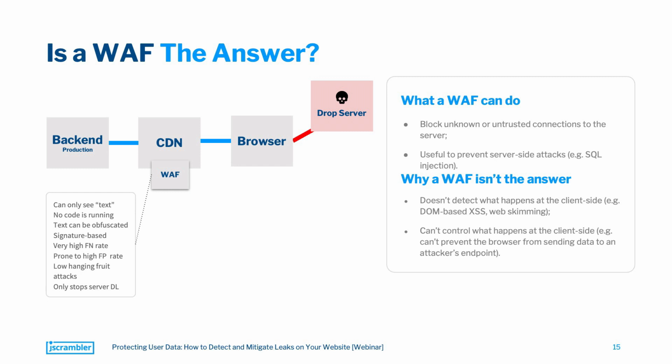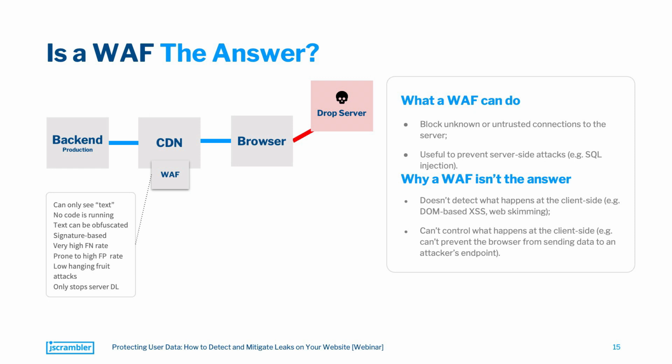But before we get into those building blocks, I want to address some of the most common misconceptions about preventing client-side data leakage, which is that web application firewalls are able to prevent data leakage by blocking the connection between our website and the attacker's drop service.